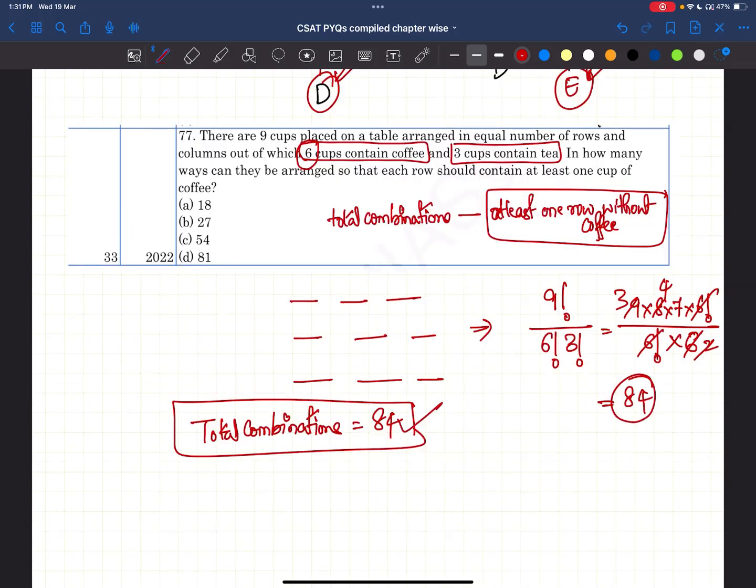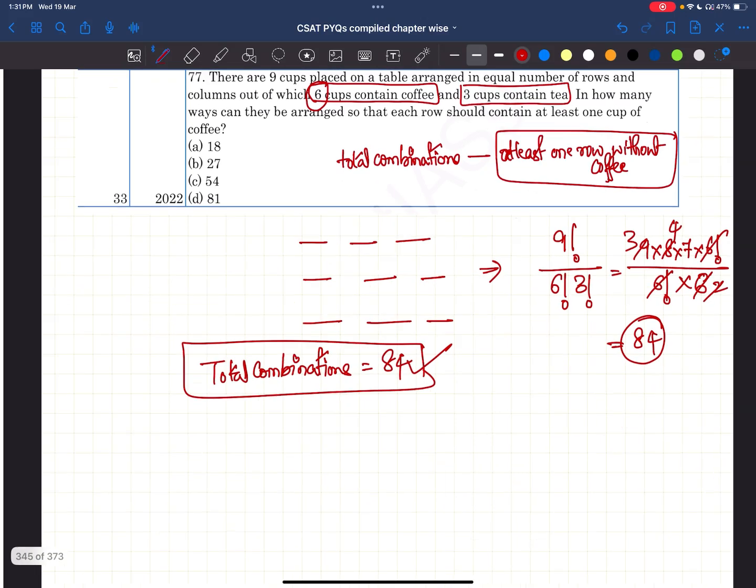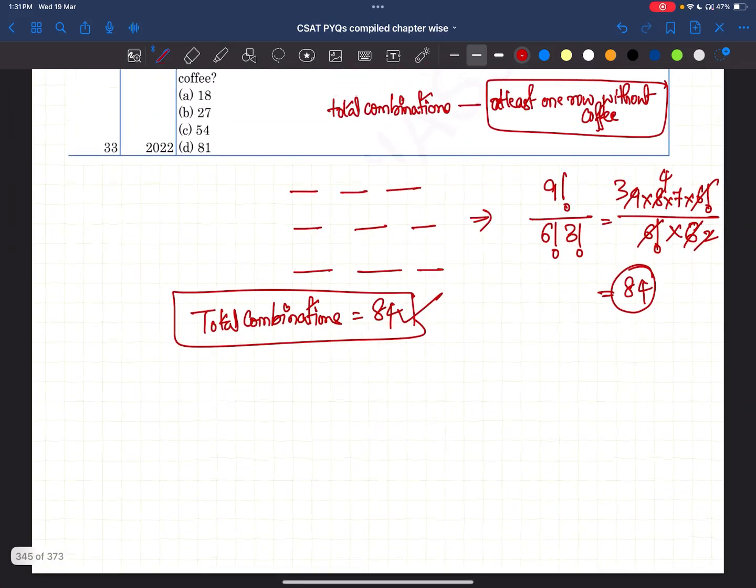What is it asking? How many ways can they be arranged so that each row should contain at least 1 cup of coffee? Now I'll take the case where there is no coffee in at least 1 row. Already 6 cups of coffee are there, so I have accommodated the 6 coffees in 2 rows only.